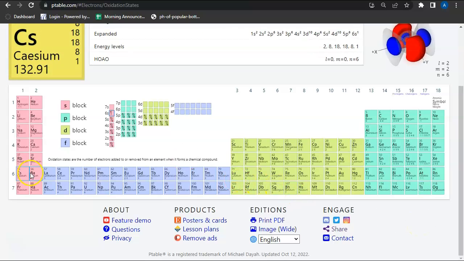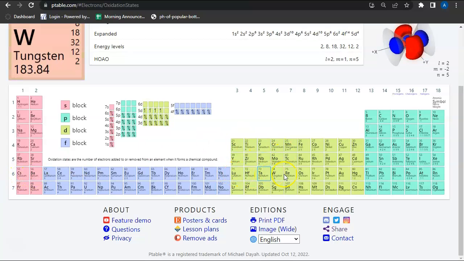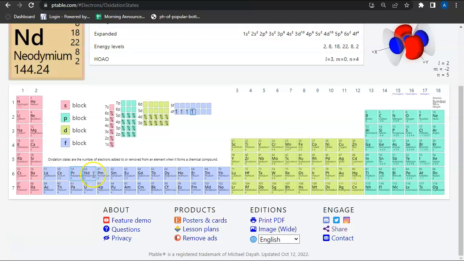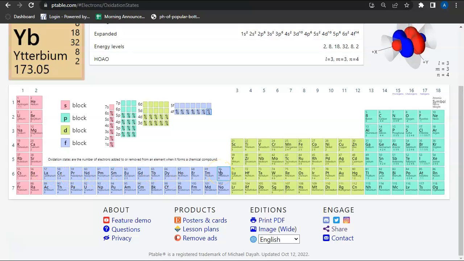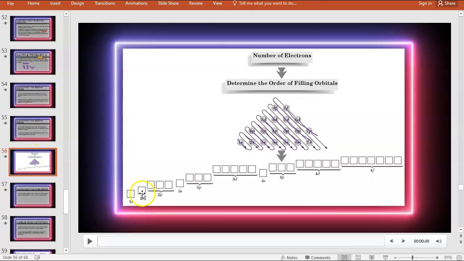A lot of people want to say 6s followed by 5d, but you have to remember that 4f actually comes first. So when we look at the order that I showed you, remember, looks something like this: 1s, 2s, 2p, 3s, 3p, 3d. Or, I'm sorry, 4s actually comes before 3d. And then you'll see that order there.